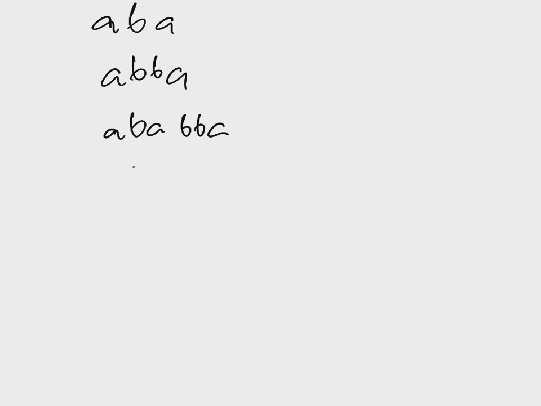For example, this is a regular language. I see some regularities. It consists of two different letters, A and B, and I see that there may be one or many A letters in a row, then one or many B letters in a row.